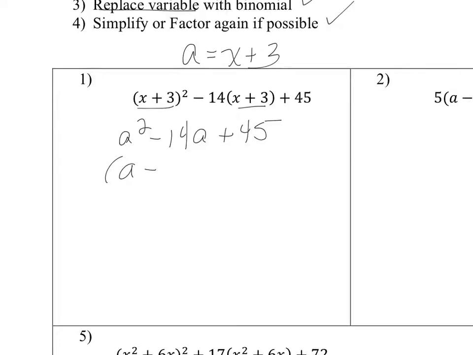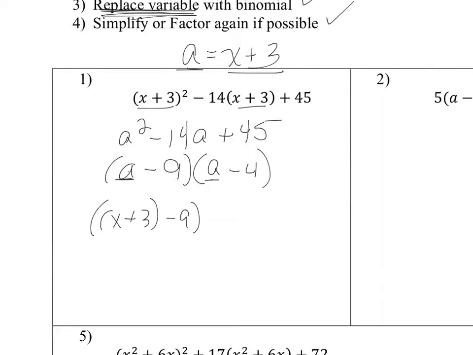I use my factor completely, or my trinomial factoring, guess and check, or the AM method, and there we are. What you do have to remember is to replace that variable. Okay, A is x plus 3. So x's need to be in the final answer. So A should be x plus 3 minus 9.